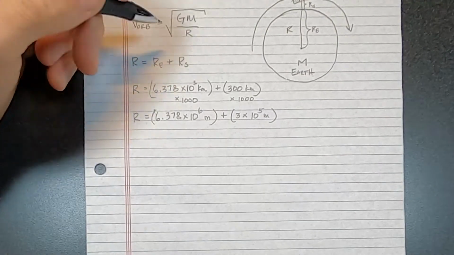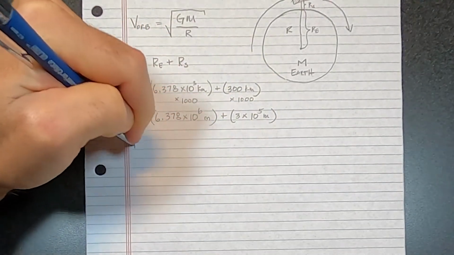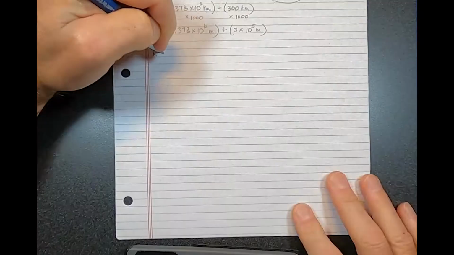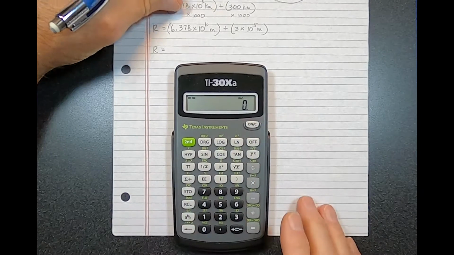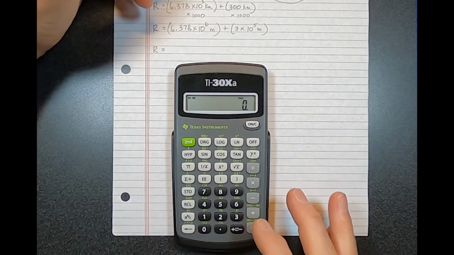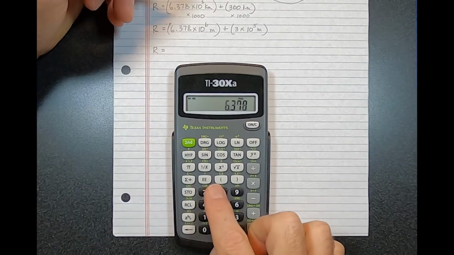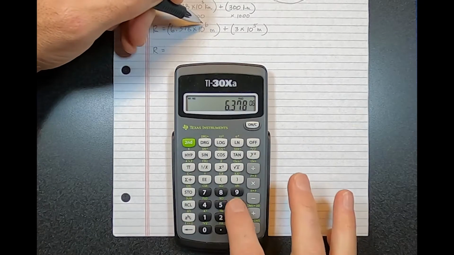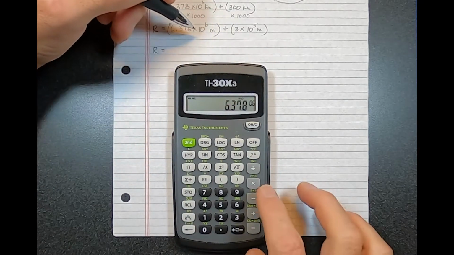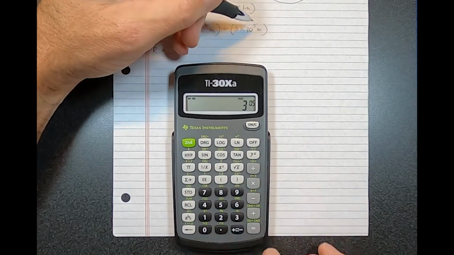Before you ever use this equation, we have to add these two together. And I'm going to use my calculator. So what you have is 6.378, and use the EE button, EE6, plus 3, EE5.